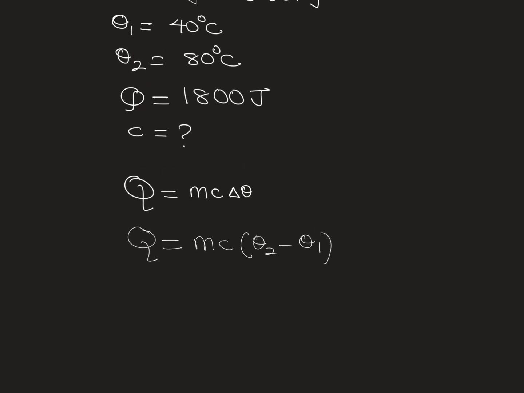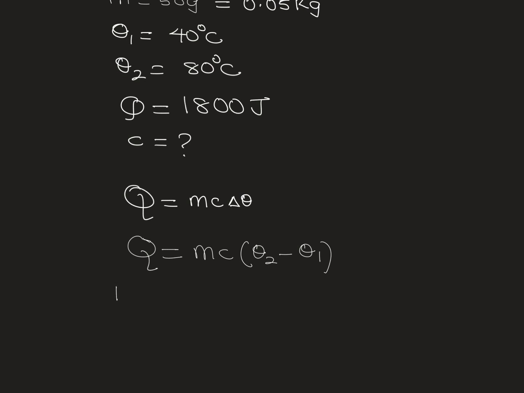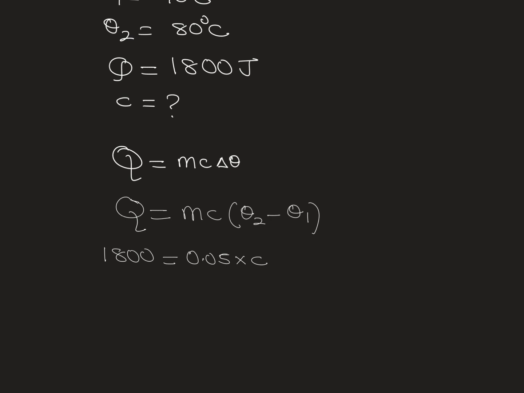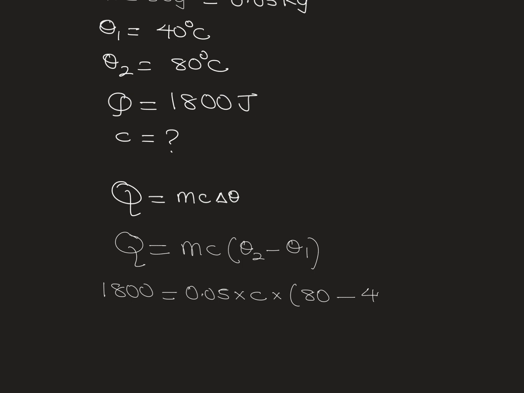If we substitute the values, Q is 1,800 joules. The mass of the object is 0.05 kilograms, multiplied by the specific heat capacity, which we want to know, multiplied by delta theta, which is theta 2 minus theta 1. The final temperature is 80 minus the initial temperature, 40 degrees.